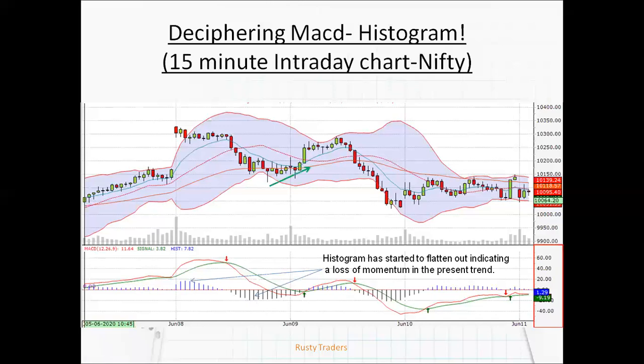So before MACD gave you this buy signal, if you would have entered here when the histogram told you something is fishy out there and the trend is getting weakened, you would have been able to capture an extra profit of 50 points, which a lot of traders would miss out. This kind of insight that the MACD histogram gives is not probably seen by a lot of traders or market participants out there.